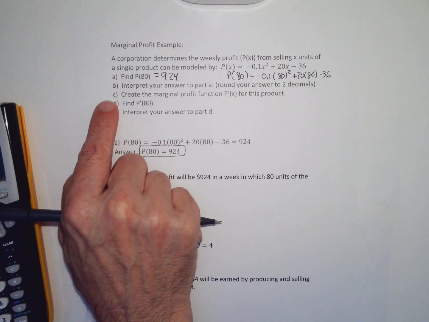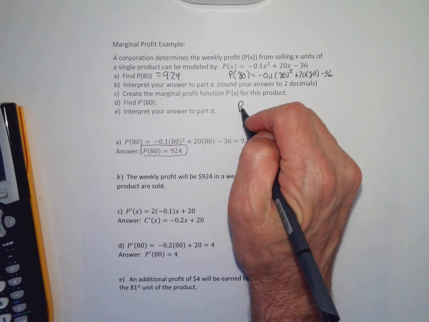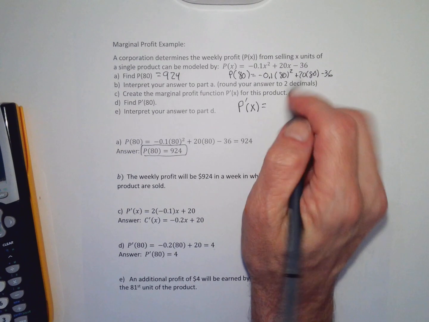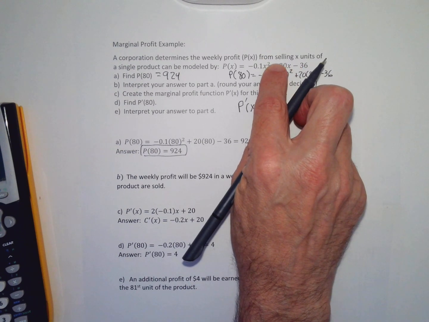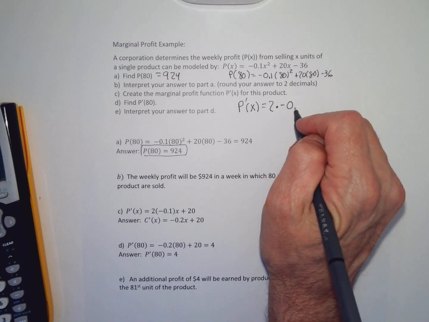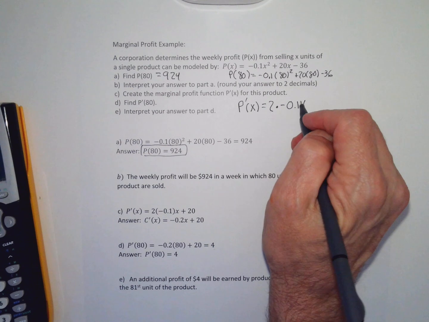Now I'm going to do part C, create the marginal profit function. Well, the marginal profit function is just the derivative of my profit function. And I can do the basic power rule for this derivative. So I'm going to take the exponent 2, multiply it by the coefficient of negative 0.1, and lower the exponent of the x squared to x to the first.